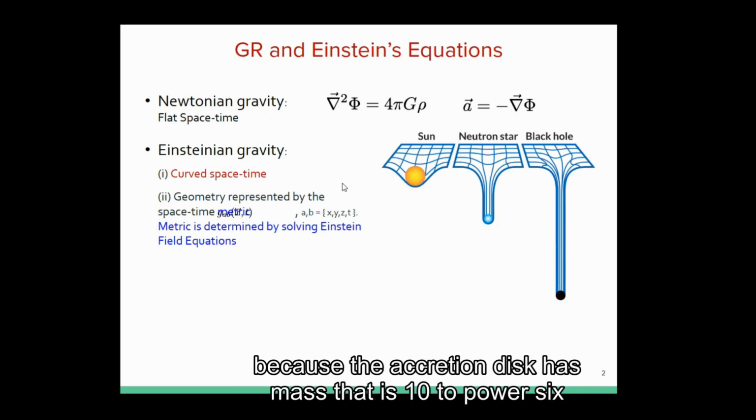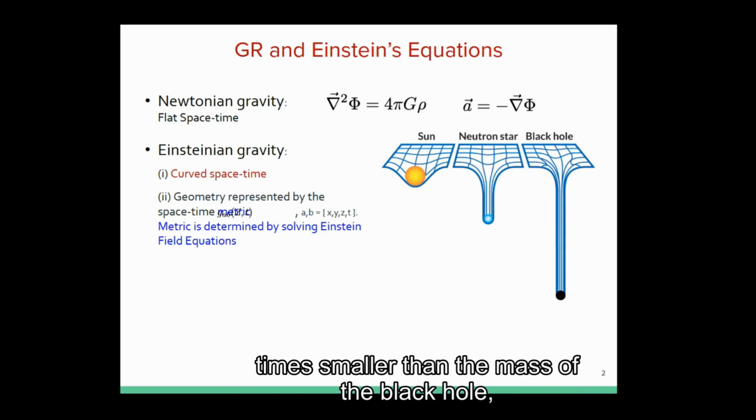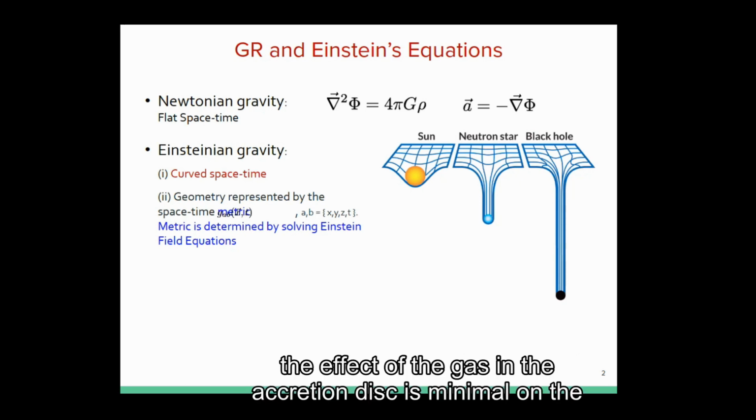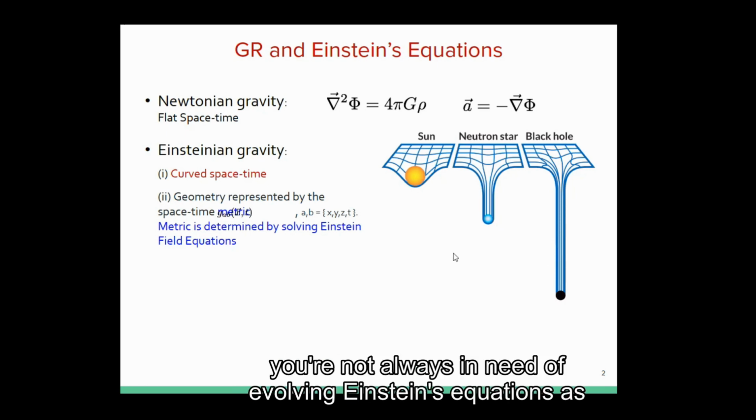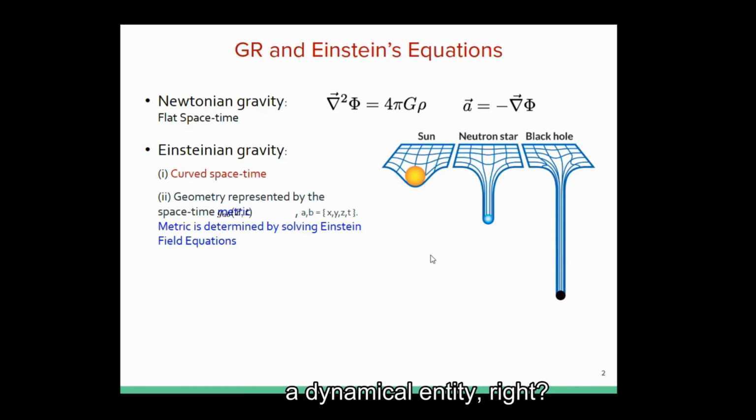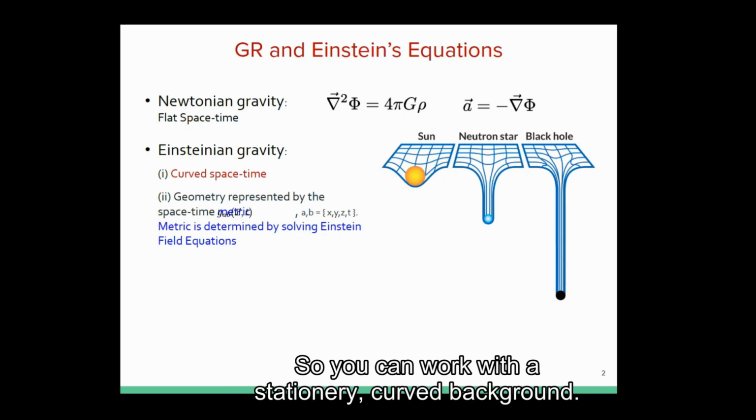Because the accretion disk has mass that is 10 to the power 6 times smaller than the mass of the black hole, the effect of the gas in the accretion disk on the spacetime geometry is minimal. So you're not always in need of evolving Einstein's equations as a dynamical entity. You can work with a stationary curved background.